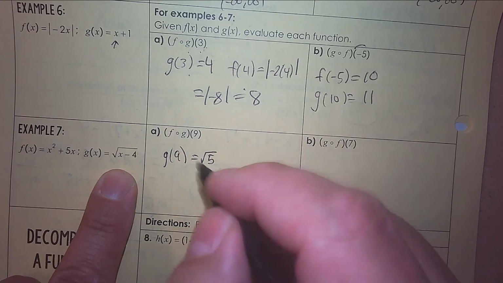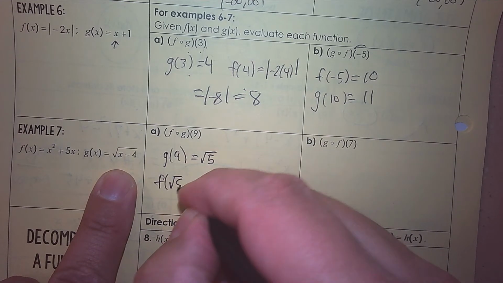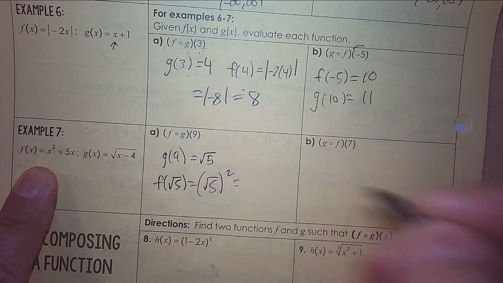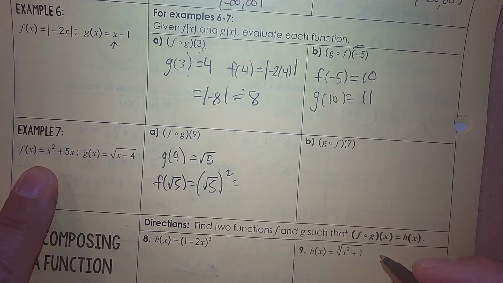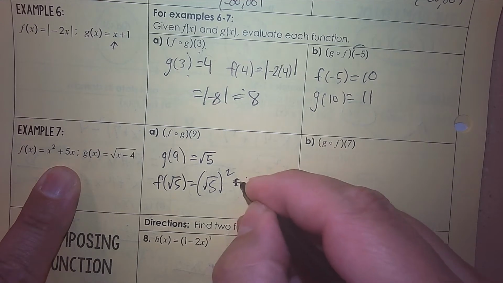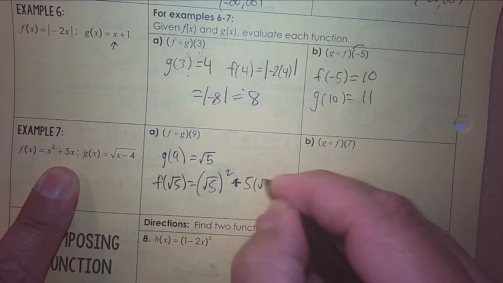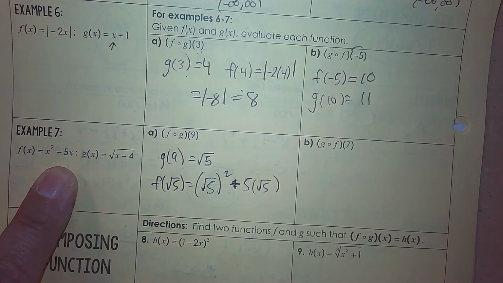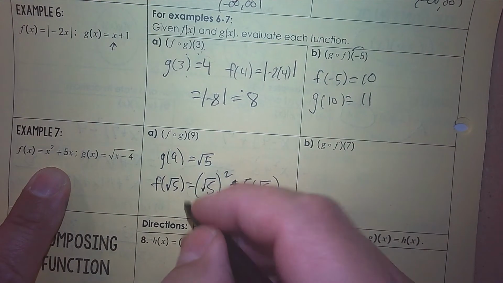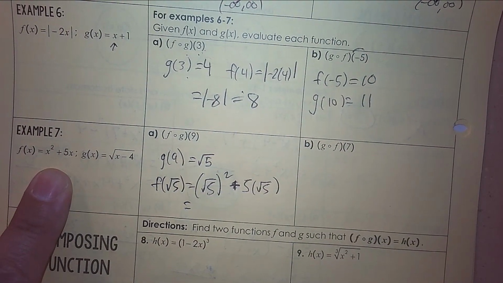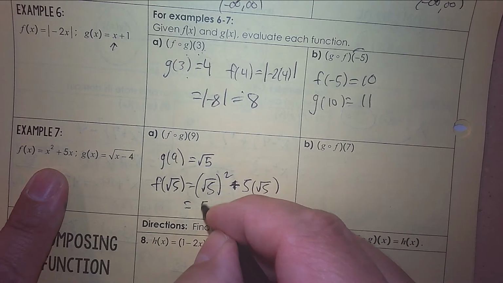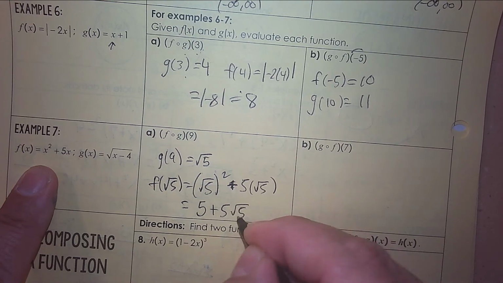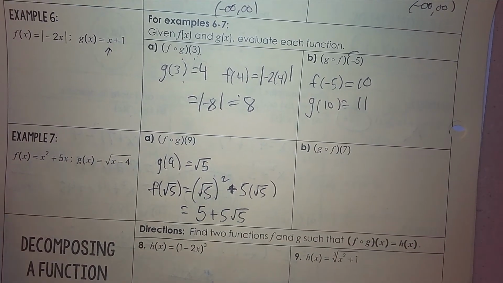Now what do you do with that answer is you take that answer and plug it into F. Oh, and there's another one after it, isn't there? Plus 5 and root 5, right? So then take that answer, plug it into F. Is there a way to simplify that? What's the square root of 5 squared? Just 5, right? They undo each other. So you're left with 5 plus 5 root 5. Done. I can't do anything better with that.